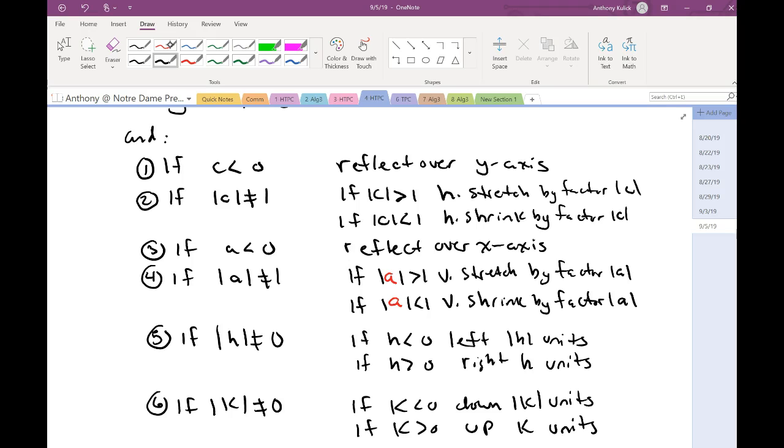So I wouldn't say left -3 units, I would just say left 3 units, right? Even if the H was -3, the negative tells me left, and then the size of the H tells me how far left. It says if H is less than 0, are those absolute values? No, because obviously if you take the absolute value of H, it can't be less than 0, right? So those are correct as they should be.